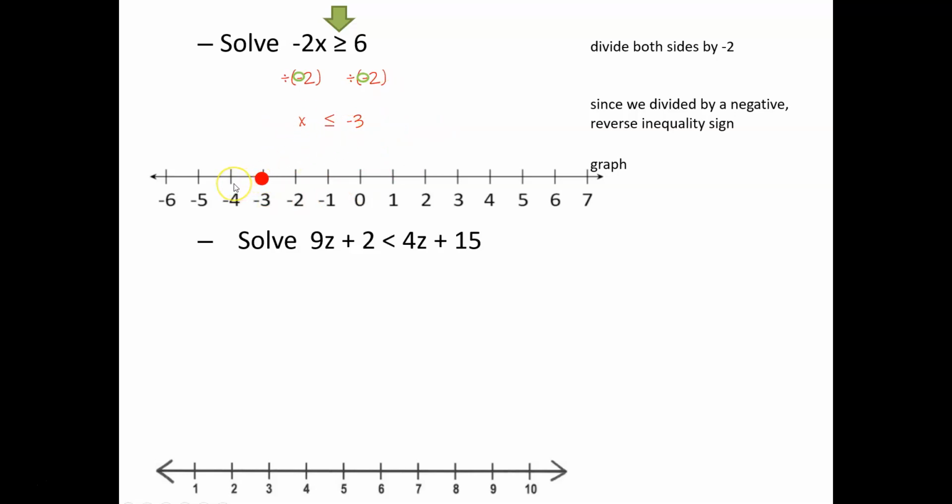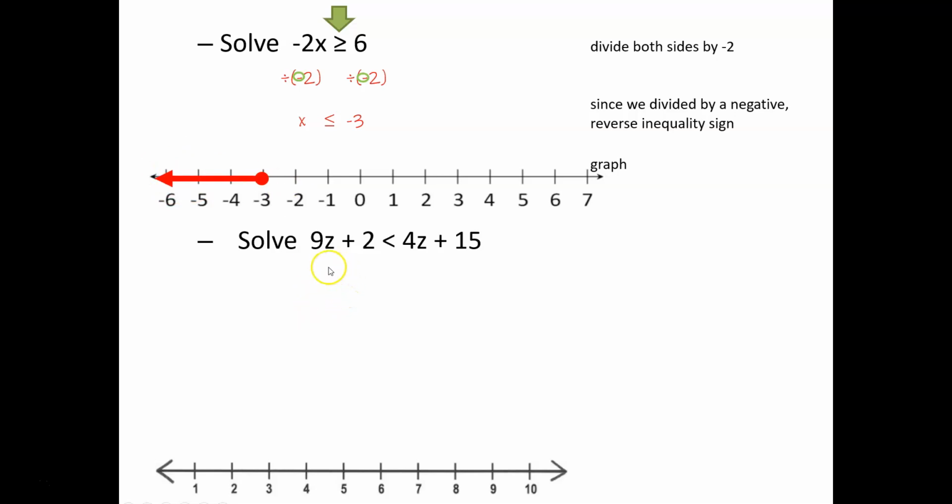Is -4 less than -3? Or is -2 less than -3? This one gets a little challenging. So I like to think of money in the bank. If you have -4 in the bank, is that less than having -2 in the bank? Yes, -4 is less, so we draw our arrow this way.